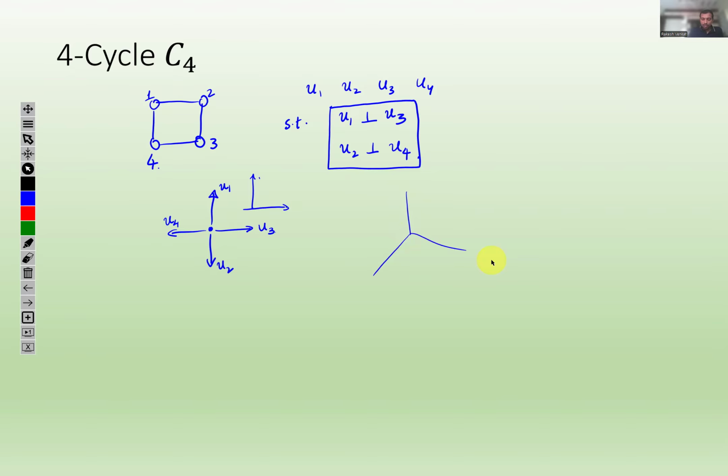You could just put U1 and U2 together, and you put U3 and U4 here. So it satisfies both: U1 inner product with U3 is 0, and U2 inner product with U4 is 0. And both of these are not equivalent. So there are multiple orthonormal representations possible for the same graph.